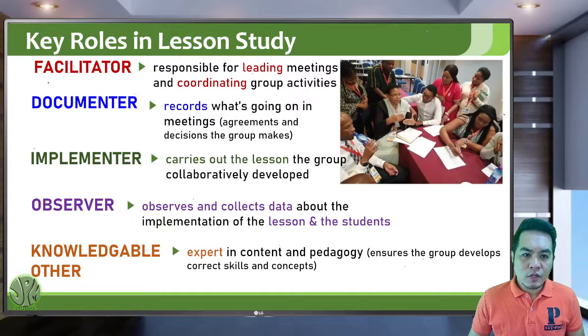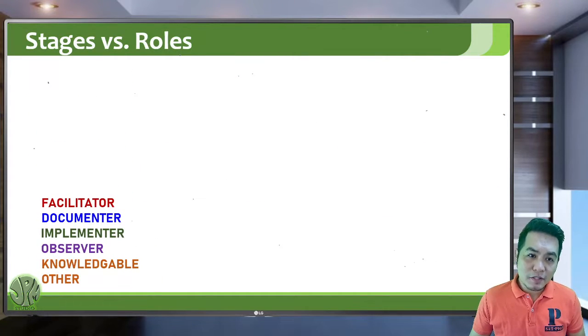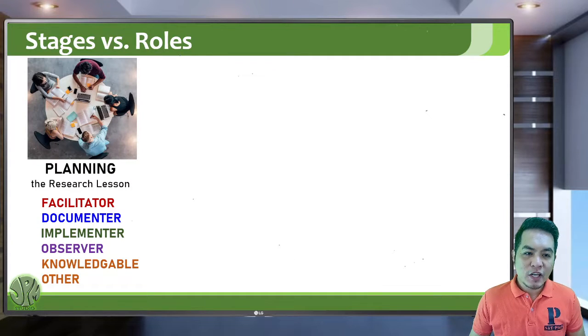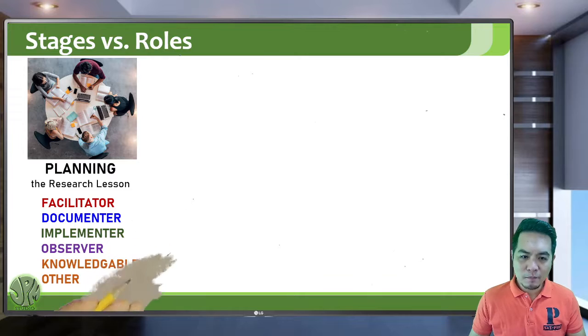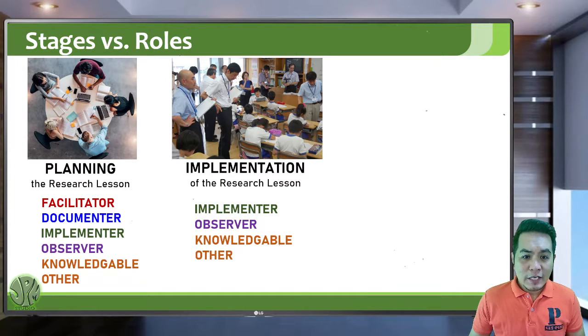Okay, so all of these members of the lesson study group should be present during the planning of the research lesson. And that is very important. But during the implementation of the lesson, aside from the implementer, the teacher who will be the one teaching the lesson, the observer must also be there.